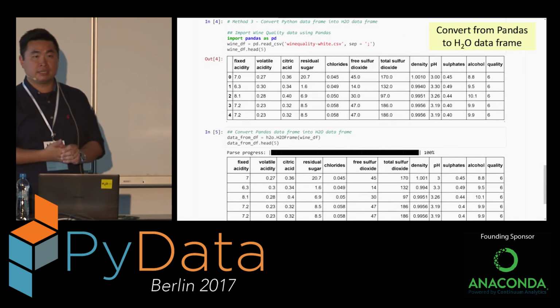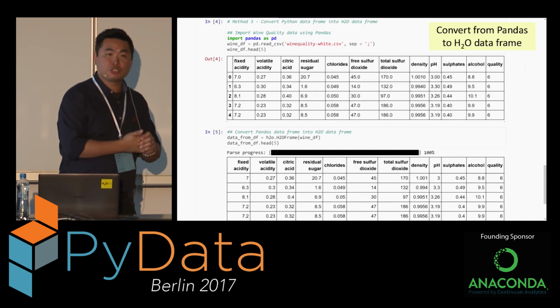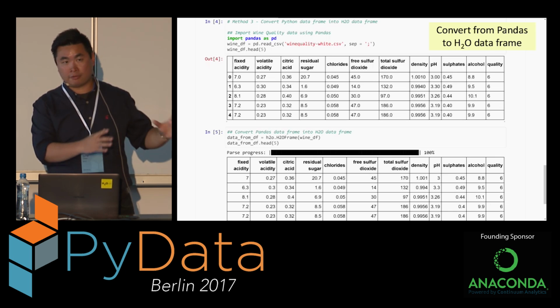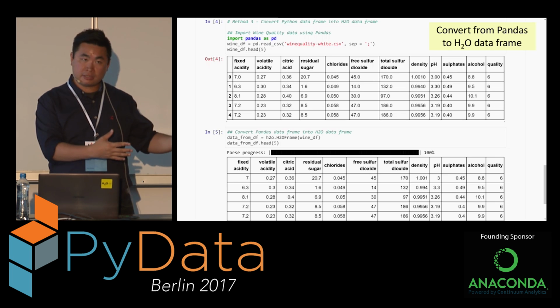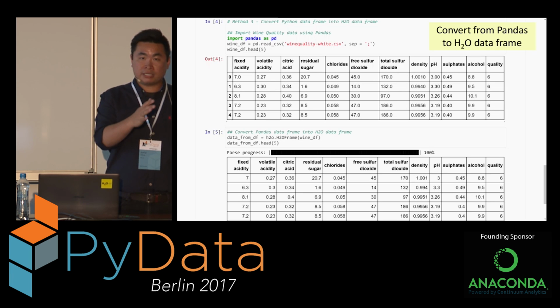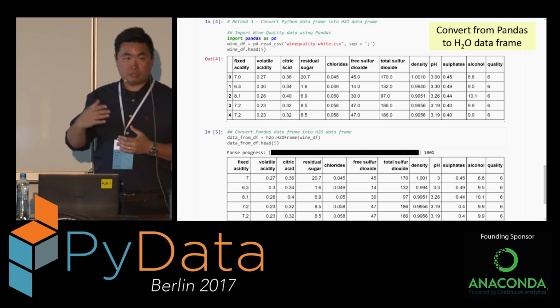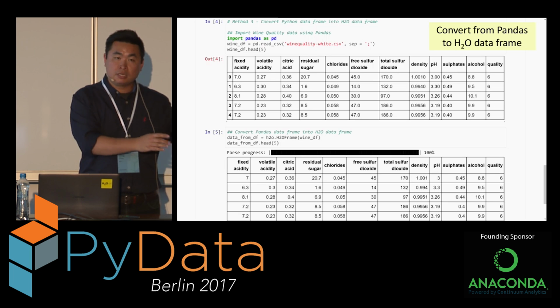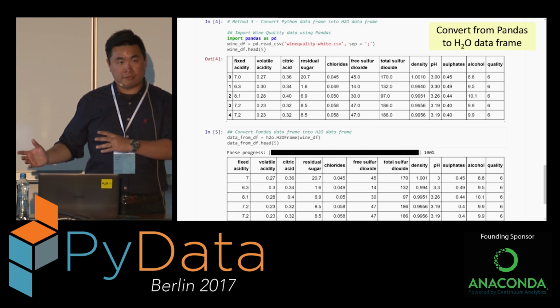And sometimes you do data munging in Python first, so you want to use Pandas, so that you have lots of procedures, a lot of pipelines to clean the data, to transform the data, to create different features. Once you're happy with the final data frame in Pandas, you can use a command in H2O to convert that Pandas data frame into an H2O data frame in Java.